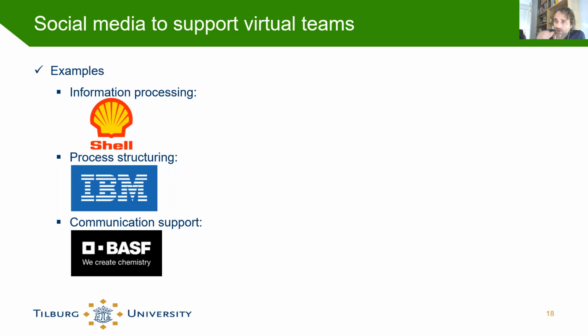And everyone at Shell who has to find an answer to a certain question or who has encountered a new problem updates a wiki page or adds a new page, etc. So they really use social media, if we consider wiki to be social media, for information processing, for people to share information, to be able to find information, etc. So they really focus on the information processing part.